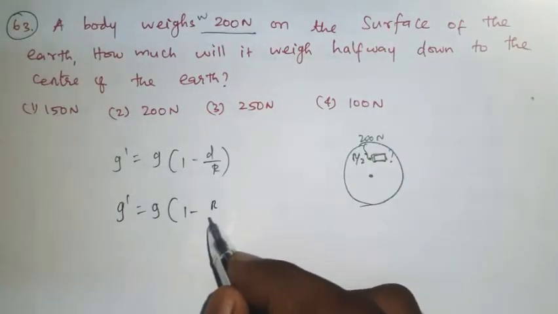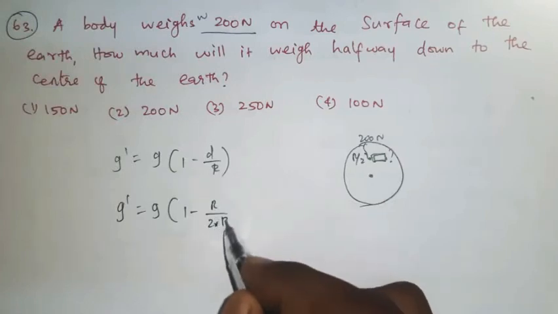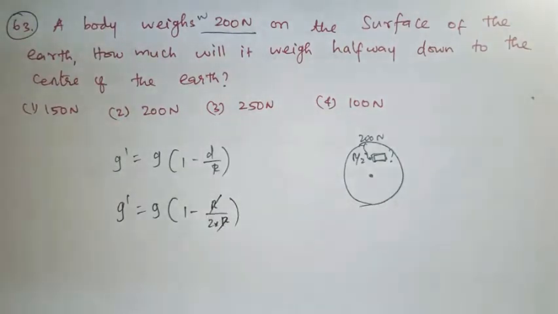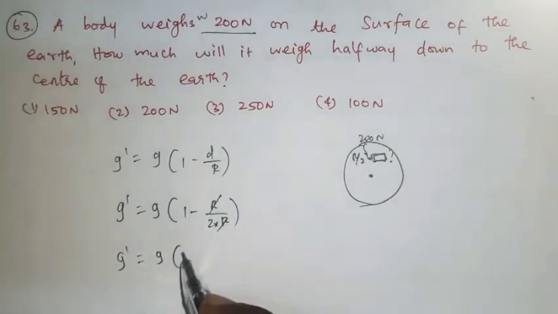So r by 2, then here r. This r will be cancelled. So g dash is equal to g into 1 minus 1 by 2, that is 1 by 2.